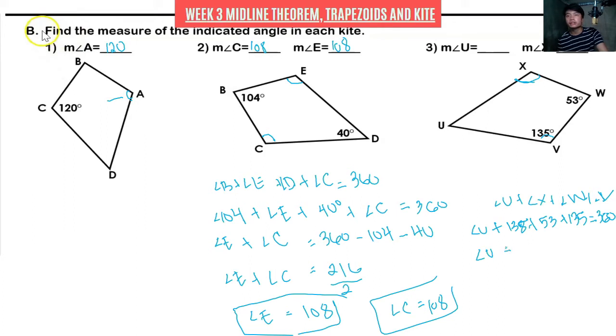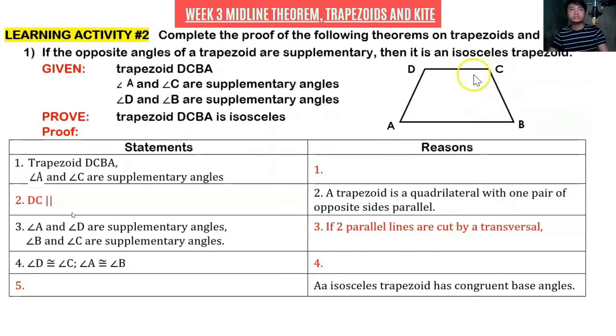So, angle U is equal to 360 minus 135 minus 53 minus 135. Ano kaya yung magiging sagot natin, class? So, pag kinalculate natin yan, angle U is equal to 37 degrees.